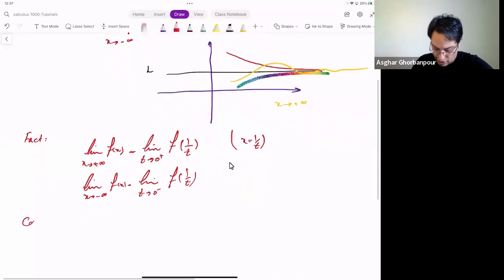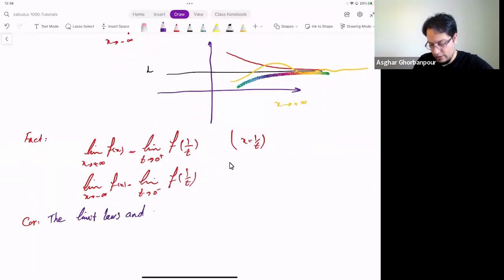Well, as a result of this, we see that the limit laws and the squeeze theorem work too. We have to be a little bit careful about the squeeze theorem, but it's very similar for limits at infinity.